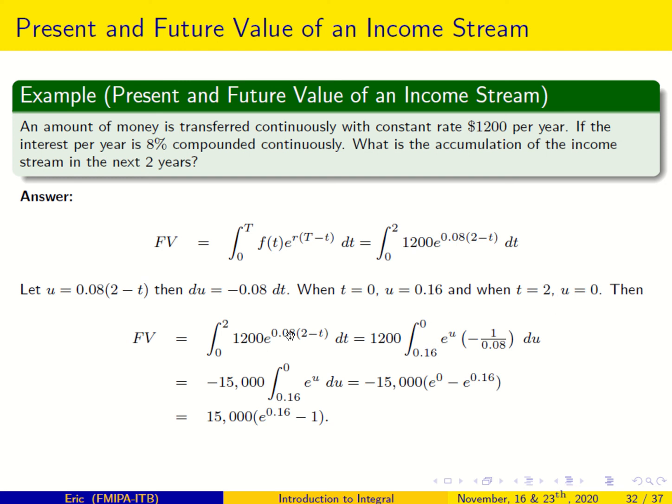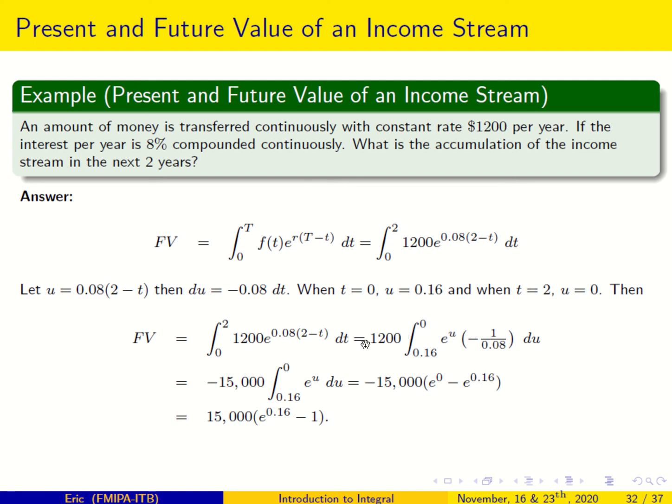So e to the u, this is u. Okay, 1,200 can go here, times dt. What is dt? If du is this, dt is 1 over minus 0.08 du. So I have this one. I can use the properties of the integral.